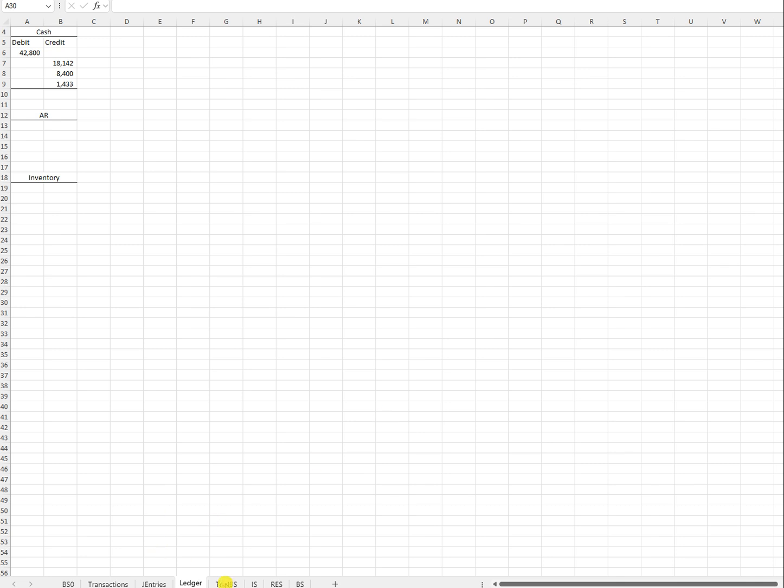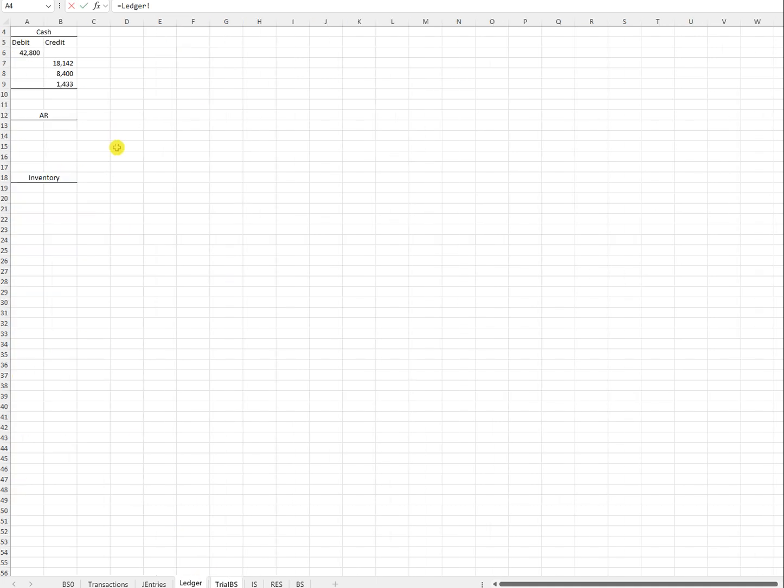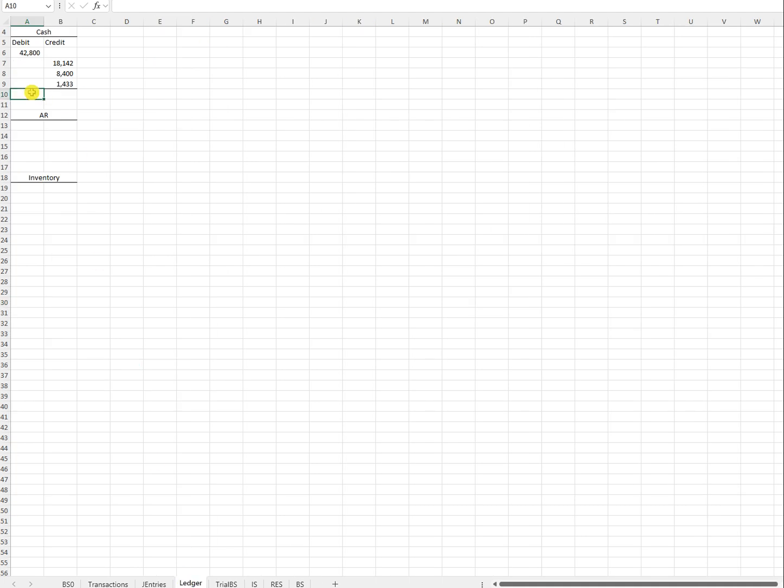Now we're going to move to the trial balance. The trial balance is a place where we post all the debit and credit ending balances from the ledger T accounts. Then we have the total debit and total credit to show whether they are balanced. For example, I'm going to post the cash ending balance from the cash T account.